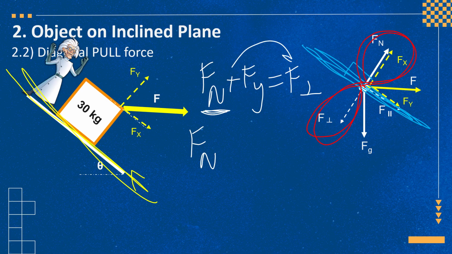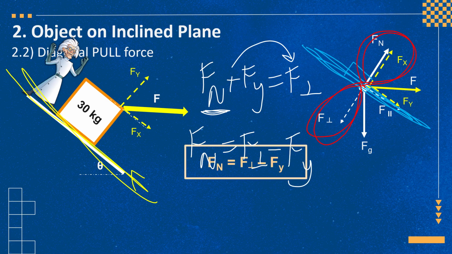That means that you need to take the Fy, the yellow Y component of your diagonal force, to the other side. So it will become F perpendicular minus Fy. And that is exactly what your formula for the normal force is when you have a diagonal pull force on an inclined plane. That is how you will calculate the normal force.